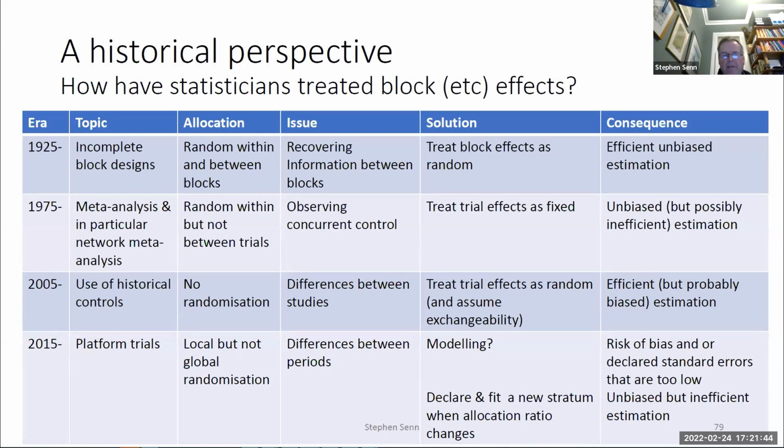We could perhaps push back the beginning of those a little bit earlier than that, in which there are differences between periods, and this can be overcome by modeling to some extent, as has been already said. Just one particular point perhaps worth mentioning here, it's not just a difference between time. If platform trials, for example, permit centers to join and leave, then there can also be a difference between centers. Next slide, please.